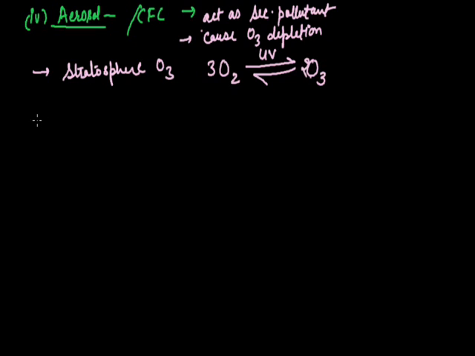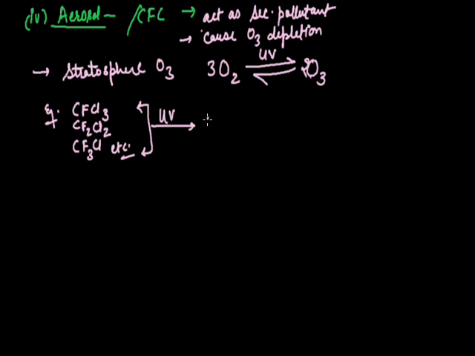It's a reversible reaction that is naturally found in a chemical equilibrium state, but because of the presence of chlorofluorocarbons, these are CFCl3 or CF2Cl2 or CF3Cl and so on, when they come into contact with ultraviolet rays, they liberate active chlorine.